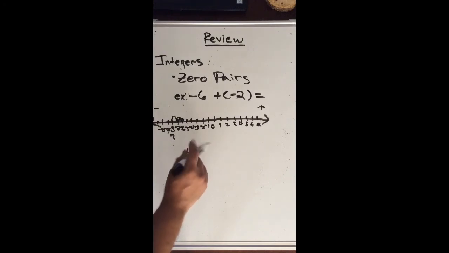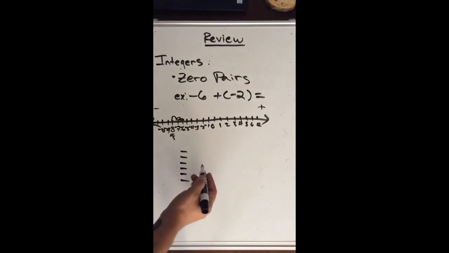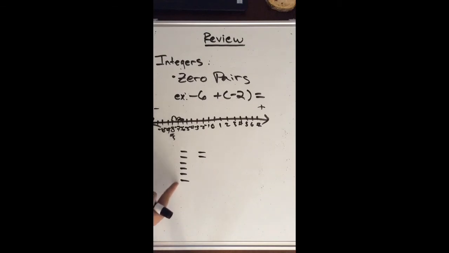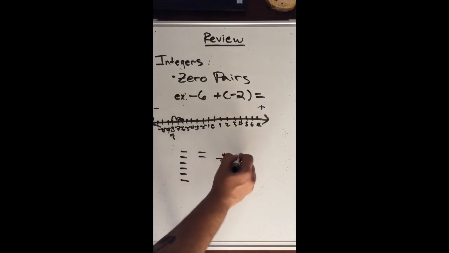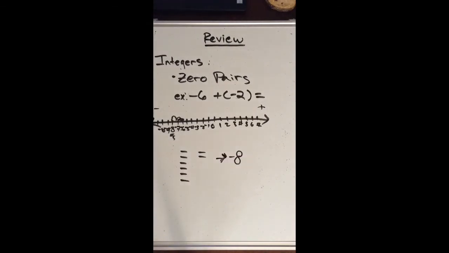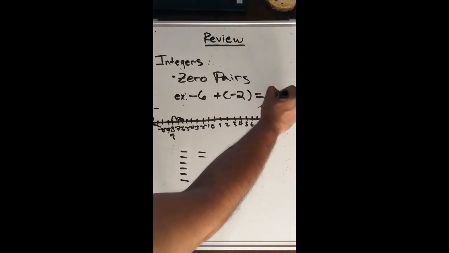This is a -6, so we need 1, 2, 3, 4, 5, 6 negatives. Now we're going to add 2 more negatives. So our grand total here is 1, 2, 3, 4, 5, 6, 7, 8. There are 8 negatives, which is exactly what we got on the number line. -8.